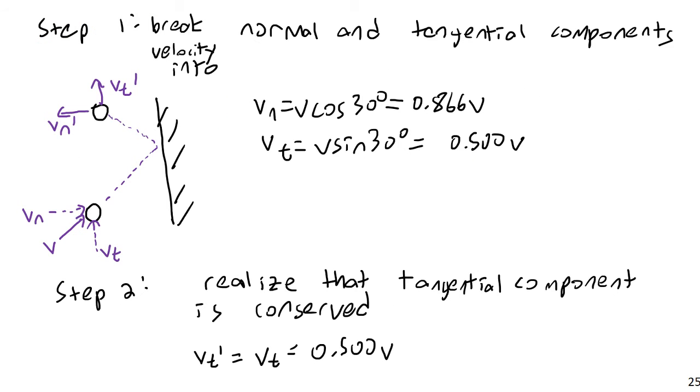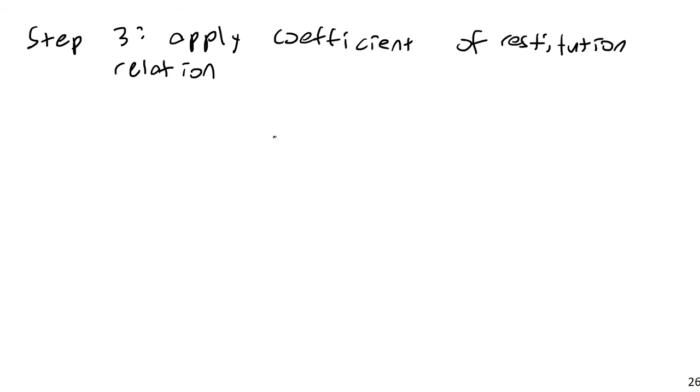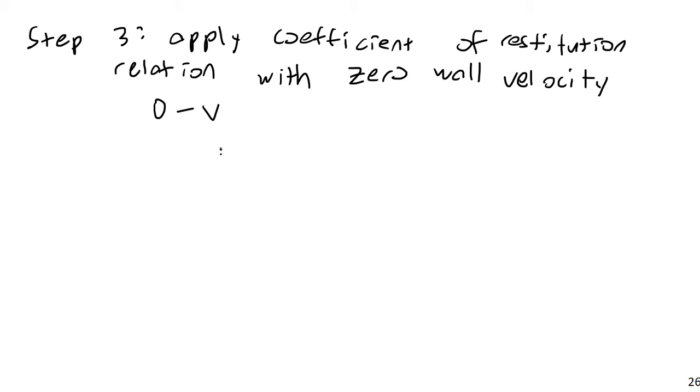Well, in this case, we're going to treat the wall as an immovable object. So I will apply the coefficient of restitution relationship with 0 wall velocity. So in other words, 0 minus Vn prime, since we're doing this in the normal direction, equals E times Vn minus 0.